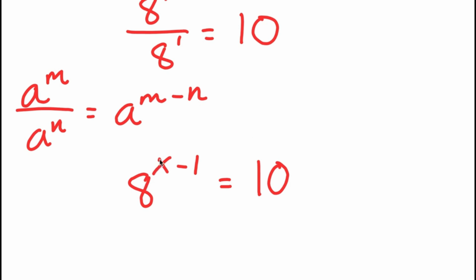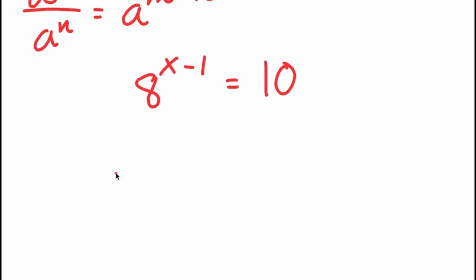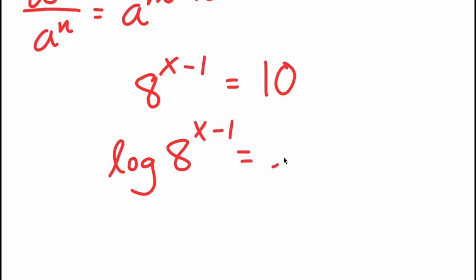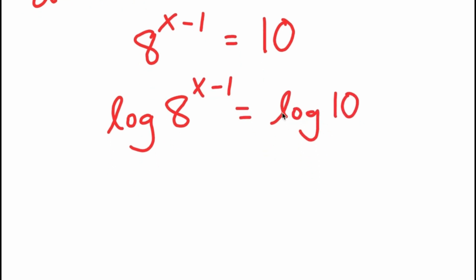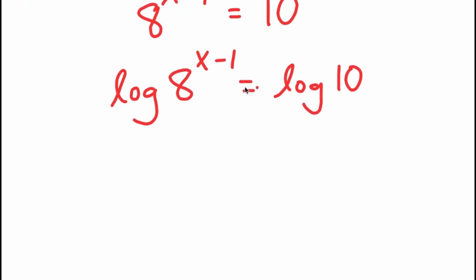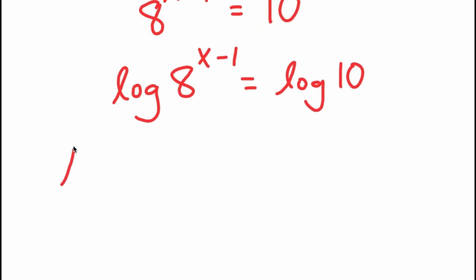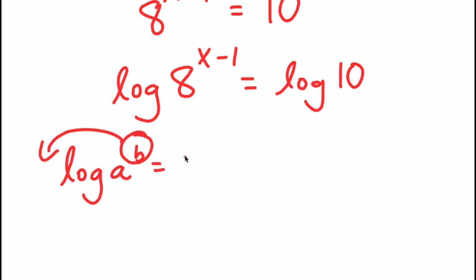Now from here, I'm going to take the log on both sides. So I get log of 8 to the power of x minus 1 is equal to log of 10. And the reason I took the log on both sides is because now I can use the property that states that if I have something in the form log a to the power of b, I can move this exponent b to the front, so it's going to equal b times log a.